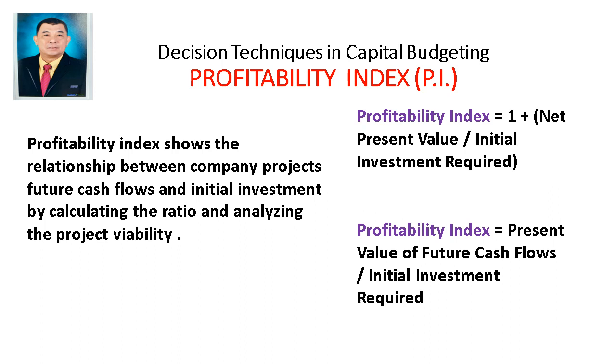The first formula is equal to 1 plus the quantity net present value divided by the initial investment required. The second formula is profitability index is equal to the present value of future cash flows divided by the initial investment required. So we have two formulas.